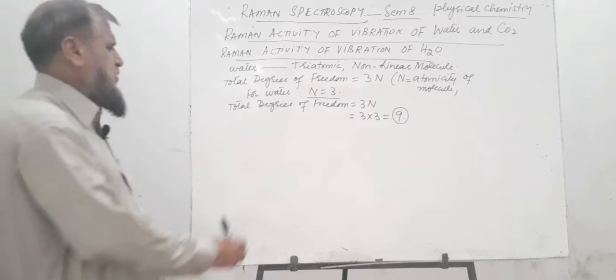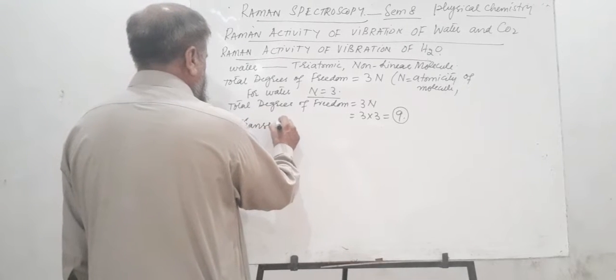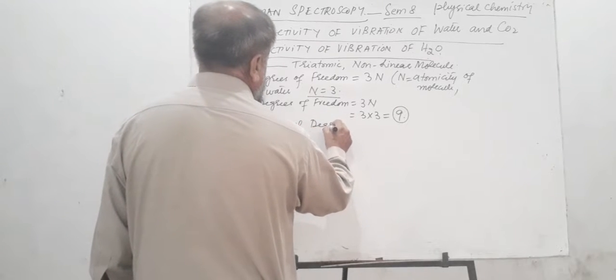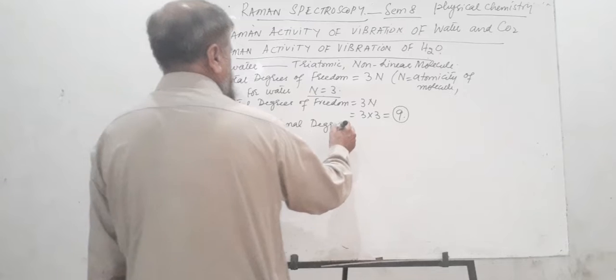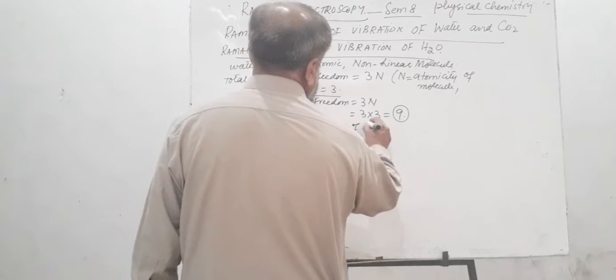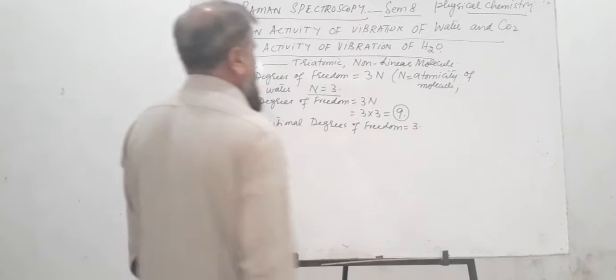For every molecule, the translational degrees of freedom are always 3, as there are 3 coordinates x, y and z in which the molecules can move. Therefore, the translational degrees of freedom for every molecule are 3.